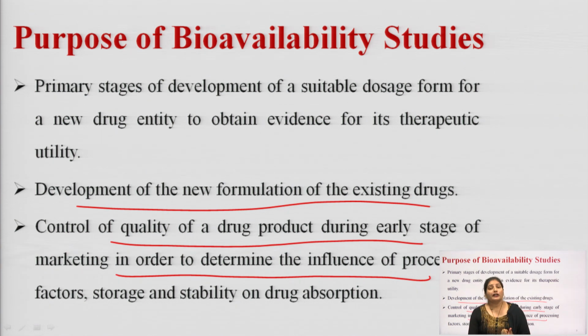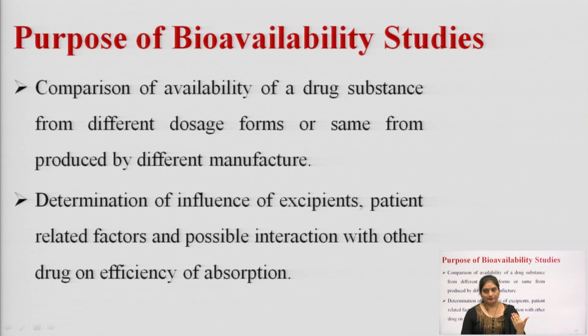Okay. When we want to control the quality of a drug product at the early stage of marketing, so that we can get the impact of process factors, storage, and stability studies on the drug absorption, then there is a need to conduct a bioavailability study.